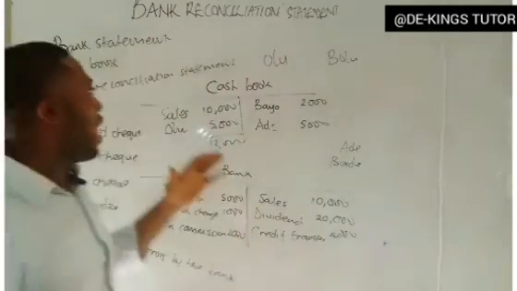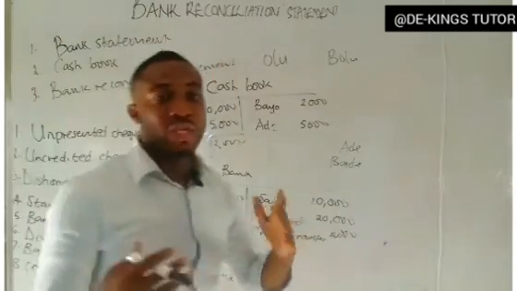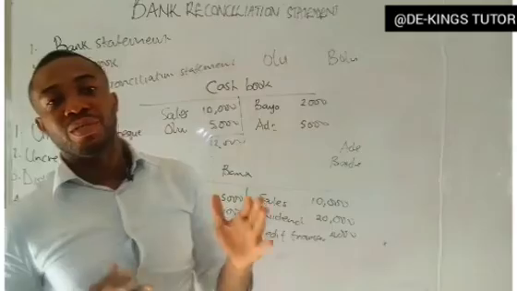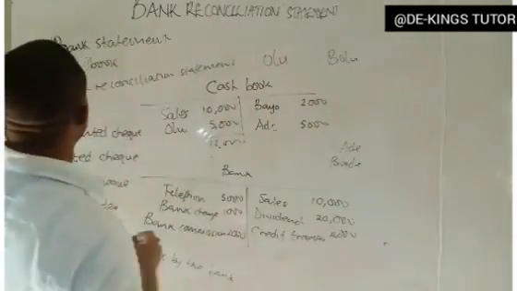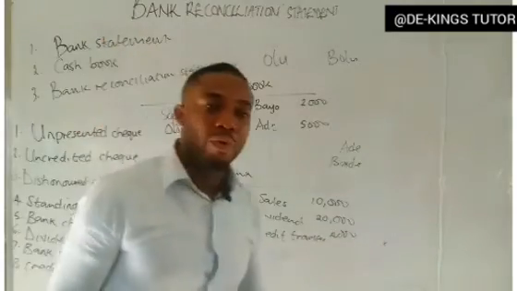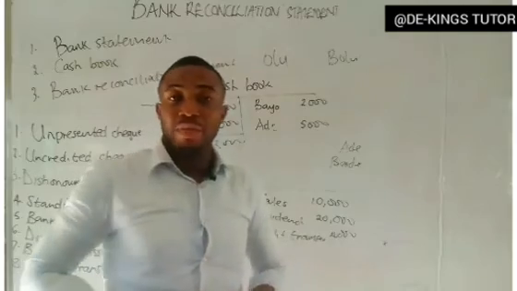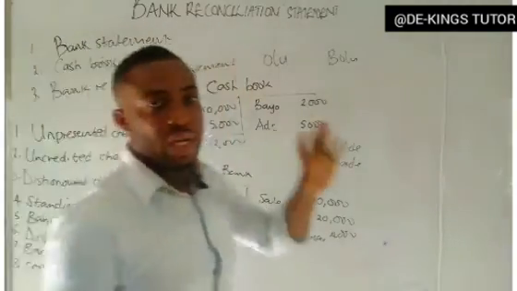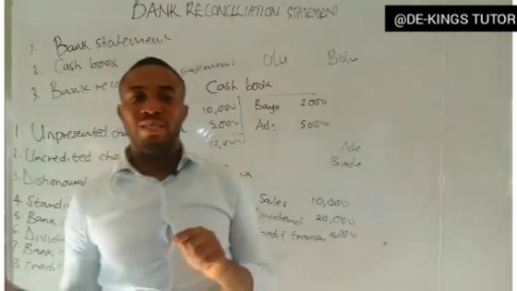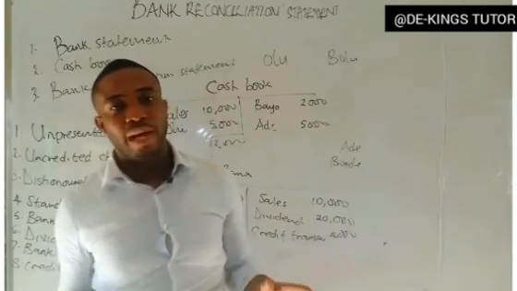Okay, so these are what we've seen today. We've seen the bank statement, the meaning. We said it's a book that shows the business transactions between the bank and its customer. And also the cash book, we said, is a book that records cash transactions on behalf of the business owner personally. And also the bank reconciliation statement is that statement that reconciles the disagreement or the difference between the cash book and the bank statement.